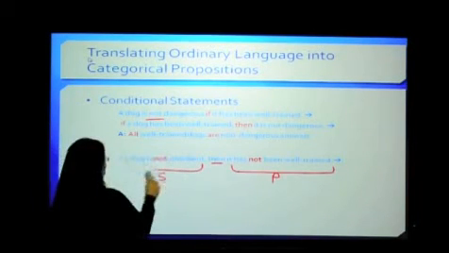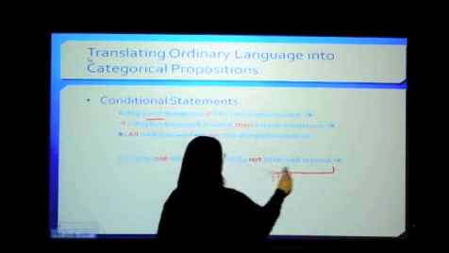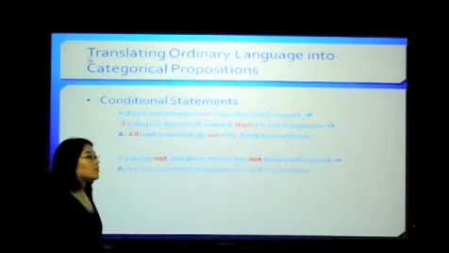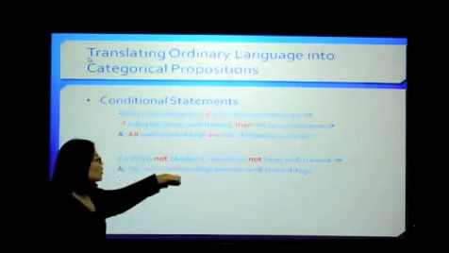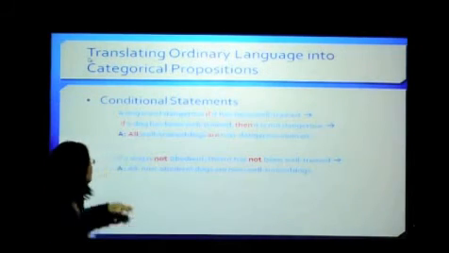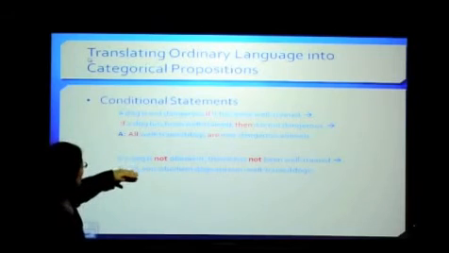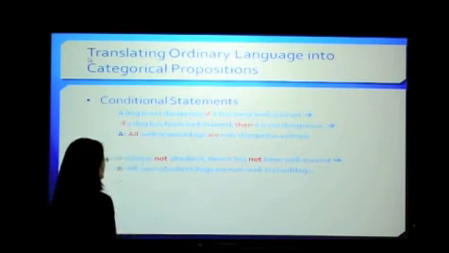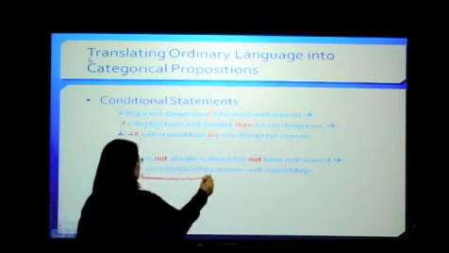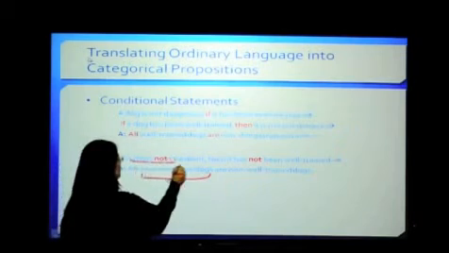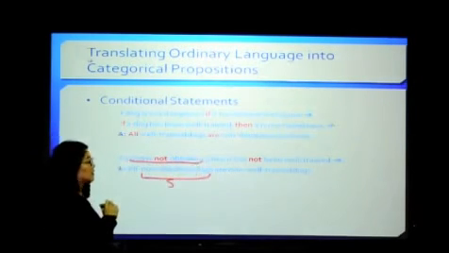So what we have after translation would be the phrase, all non-obedient dogs are non-well-trained dogs, okay? So here we have non-obedient dogs as the subject term, given to us by the antecedent of the conditional.